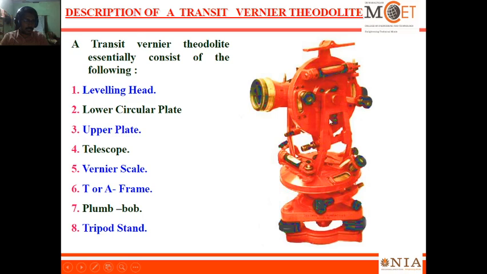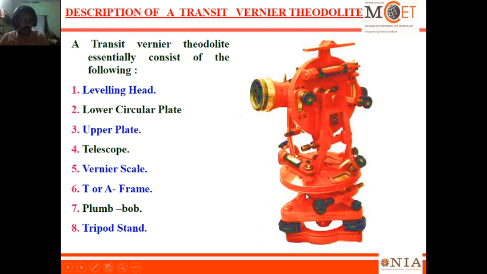See here, it looks like A. Some manufacturers give the shape with a T shape, and on the other side also, the same A will be there, or some manufacturers make it with a T frame. So that frame is called the A frame or T frame, right?